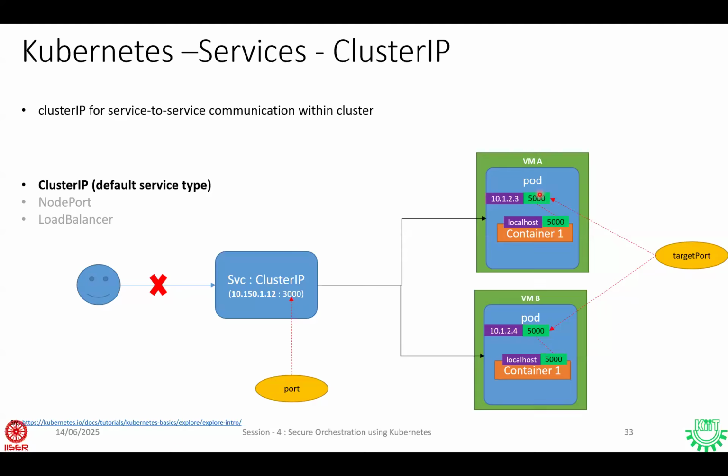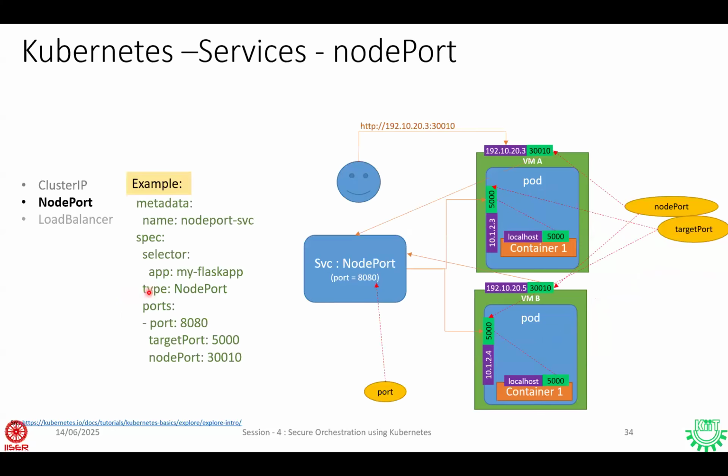But using this cluster IP, a user from outside cannot access it. You need to send the request from within the Kubernetes cluster. Now, the NodePort is a different type of service where you can directly access the service by using the IP address of that VM.